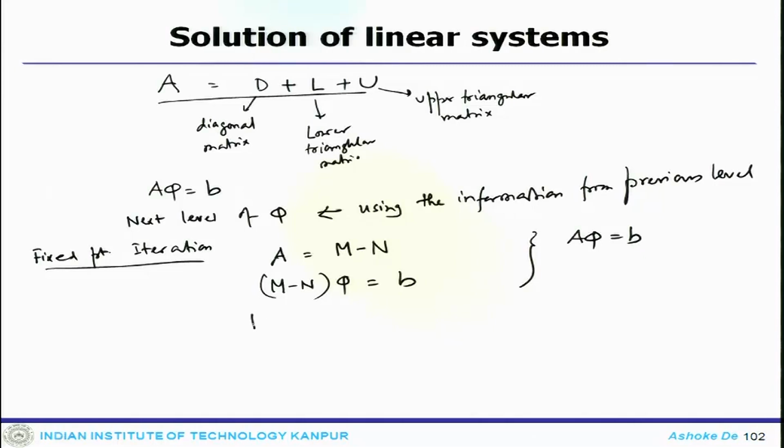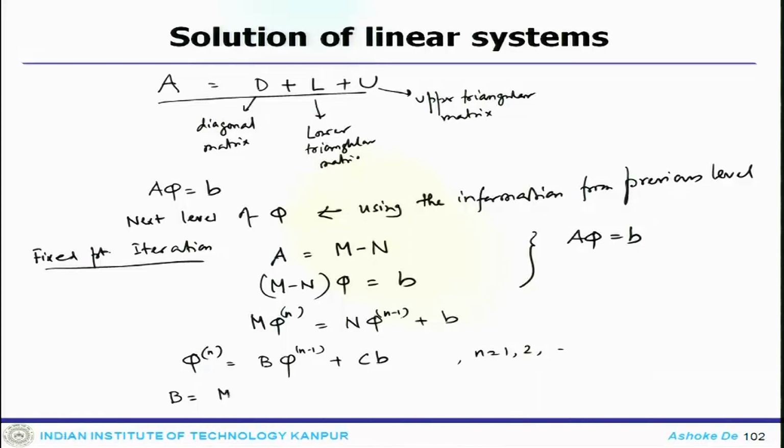Now the fixed point iteration, I can write M phi^n equals N phi^(n-1) plus b, which one can rewrite like phi^n, the nth level phi, equals B phi^(n-1) plus C b, where n goes from 1 like that, and B is nothing but M inverse N and capital C is M inverse.